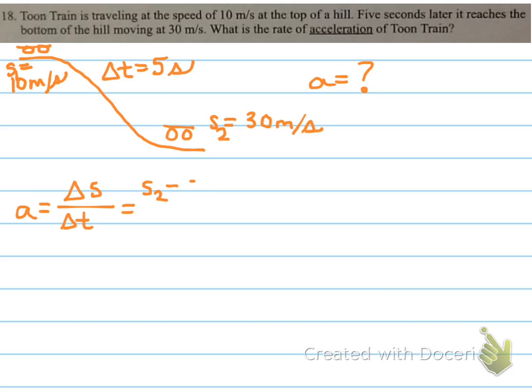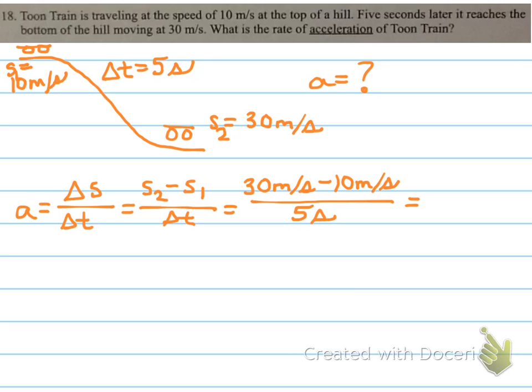So speed 2 minus speed 1 divided by our change in time. 30 meters per second minus 10 meters per second divided by 5 seconds. 30 minus 10 is 20 meters per second divided by 5 seconds. 20 divided by 5 is 4 meters per second squared. So again, Toon Train accelerates at 4 meters per second squared as it goes down the hill.